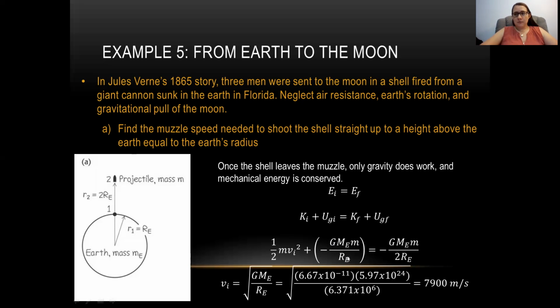Radius of the Earth, we know. So we can just plug in all of those numbers once we've gotten our equation. And we get a speed of 7,900 meters per second. That's fast. That's why we have rockets. I mean, that's 17,700 miles per hour.